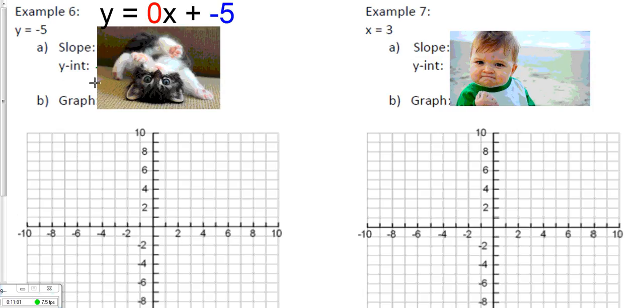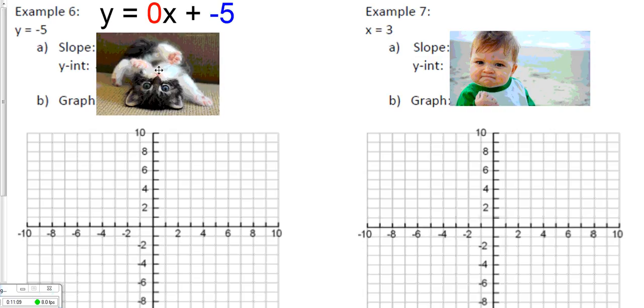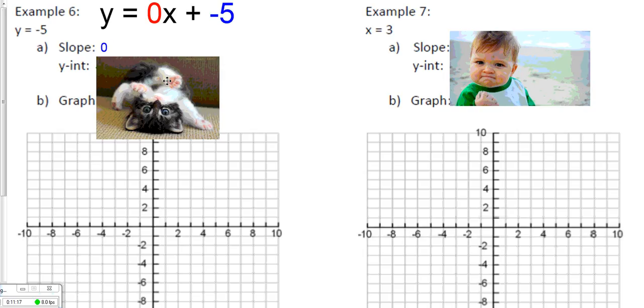A couple more examples here. y equals negative 5. Remember, this was one of our special cases. Technically, if you wanted it in slope-intercept form, it would look like this: y equals 0x plus negative 5. In which case our slope is 0, and our y-intercept is negative 5.